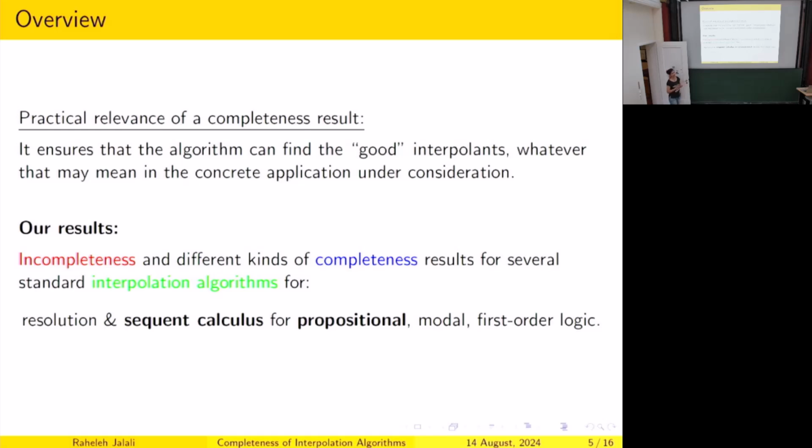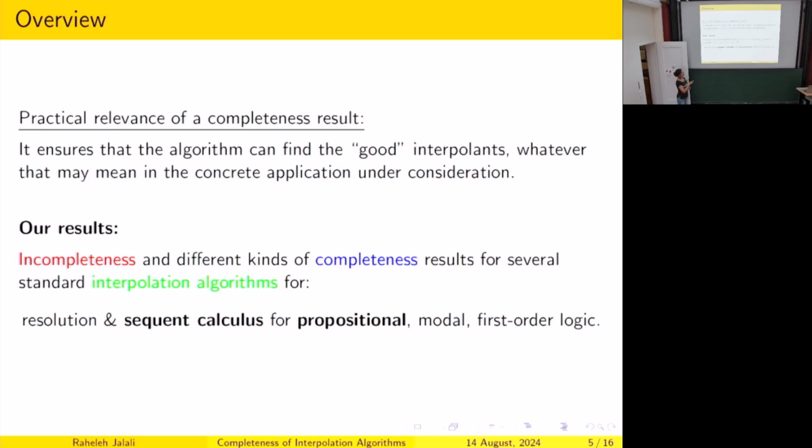Practically, why this study is relevant is that it gives us a guarantee that we can find a good interpolant, whatever good means in the area of application that you want. This question was asked by a computer scientist to Stefan: suppose that I have a good interpolant, maybe I have found it semantically, can you find a proof such and such?